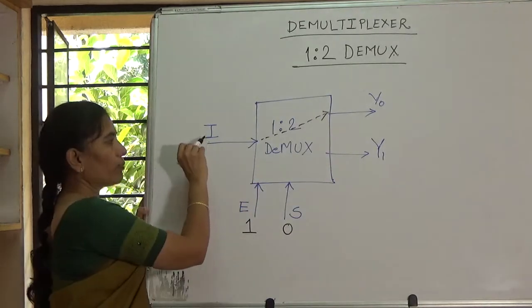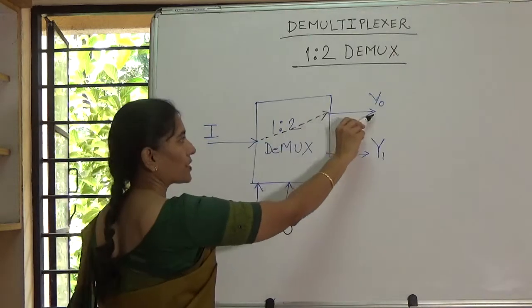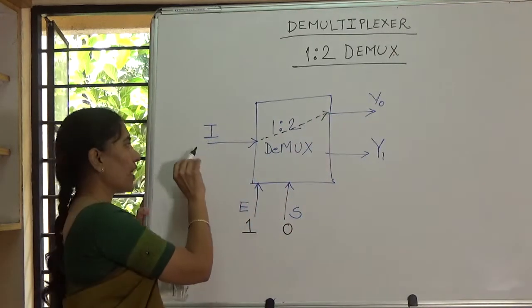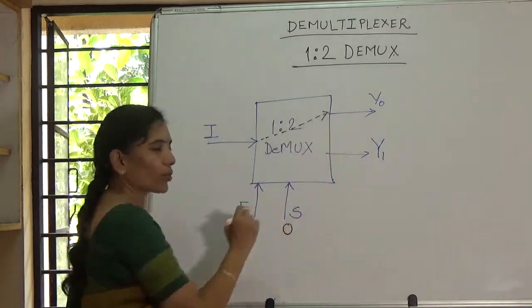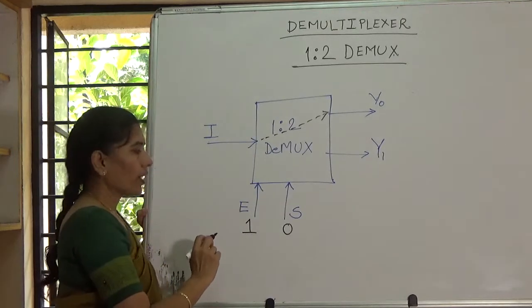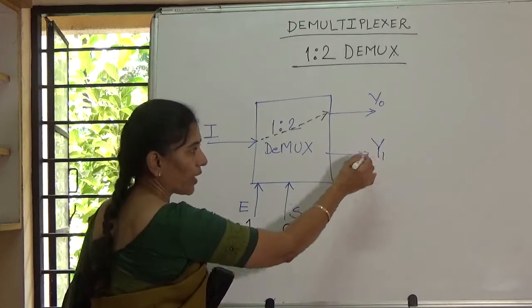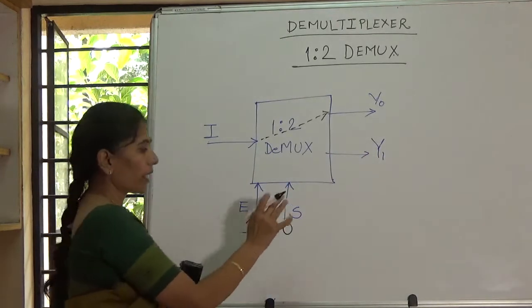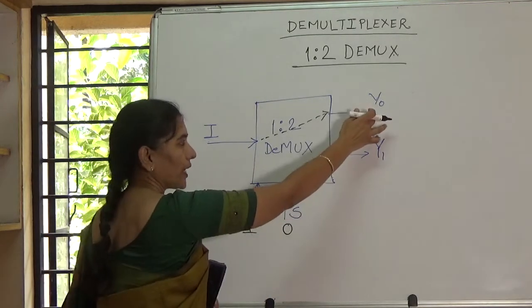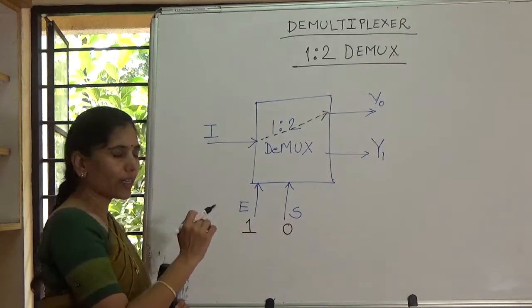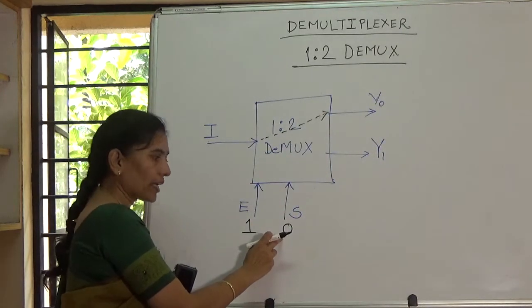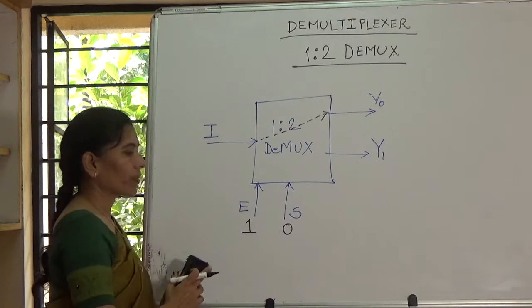So if the I input is a 0, Y0 becomes a 0. And if the I input is a 1, Y0 will become a 1. In the other case, the other output, that is Y1, will be 0 because we are selecting only the Y0 output line by making S a 0.